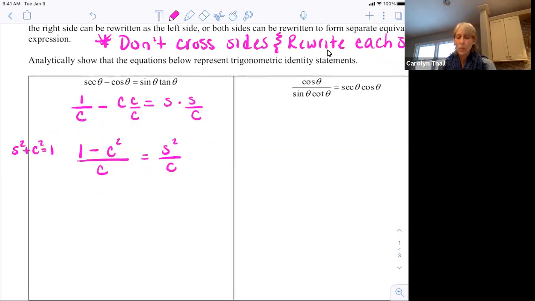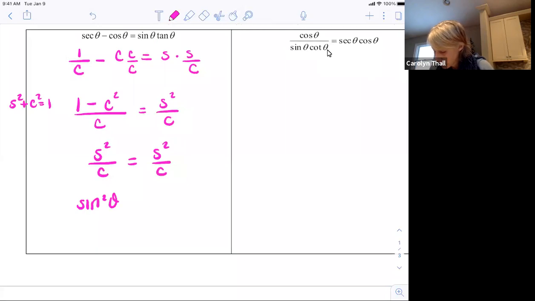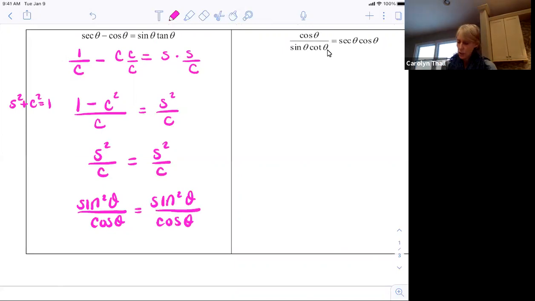So 1 minus cosine squared is sine squared, over cosine, equal to sine squared over cosine. And just to be formal, we should put our angle back in. We just took it out to make it quicker. And we show that these two actually match.